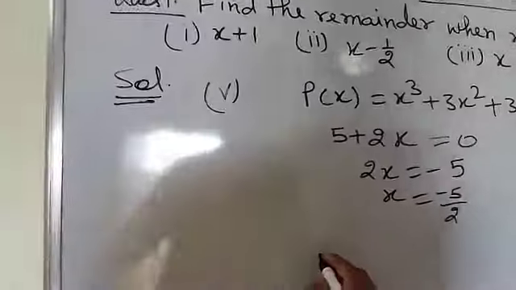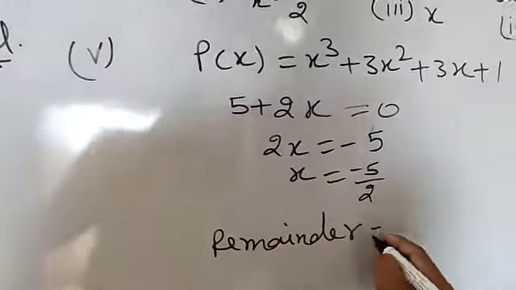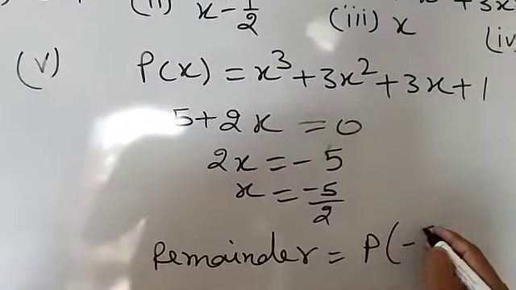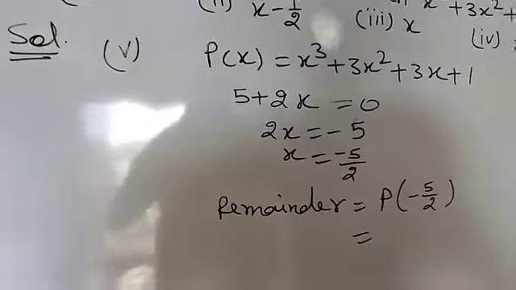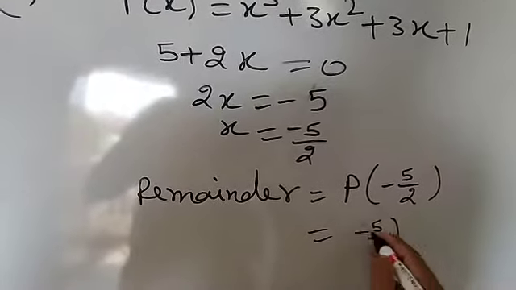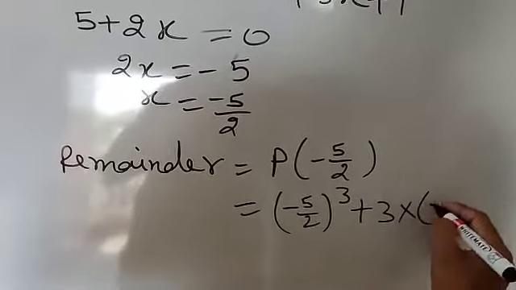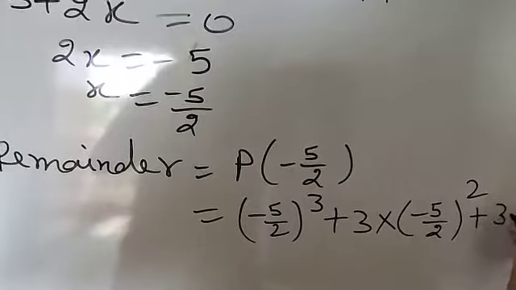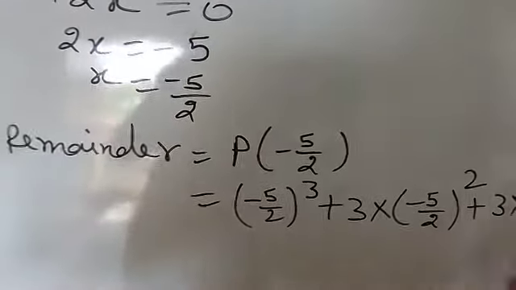Then the remainder will be equal to p, and x will be replaced by minus 5 by 2, so p(minus 5 by 2). Now replace x with minus 5 by 2, so x cube is minus 5 by 2 cube, plus 3x square, so plus 3 into minus 5 by 2 square, plus 3x, so plus 3 into minus 5 by 2, plus 1.